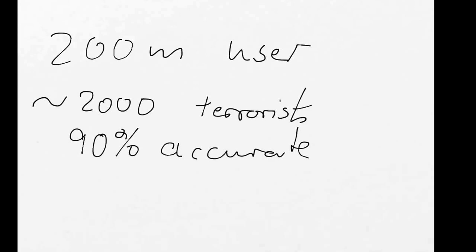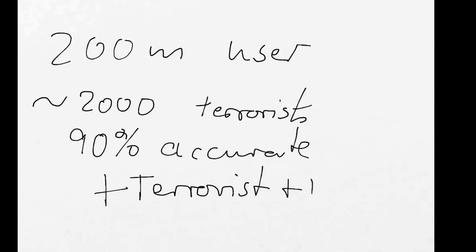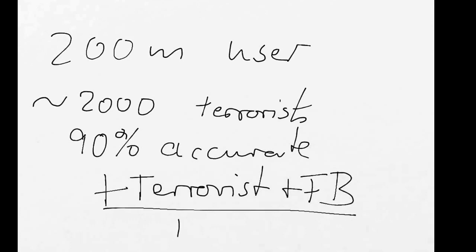So, how likely is it that a person who is a terrorist and is positive on the Facebook page, divided by the number of Facebook users?